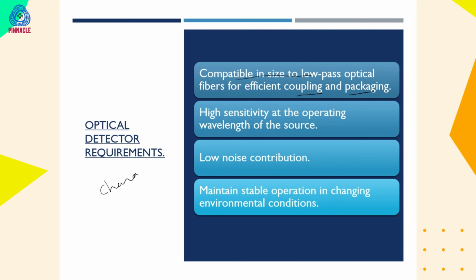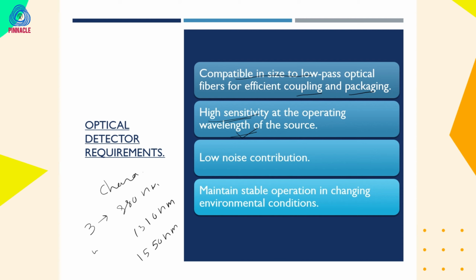Second, and very important, the wavelength is dependent on the source, and the detector should be highly sensitive at that wavelength. That means we have three windows for optical fiber: 850 nm, 1310 nm and 1550 nm.